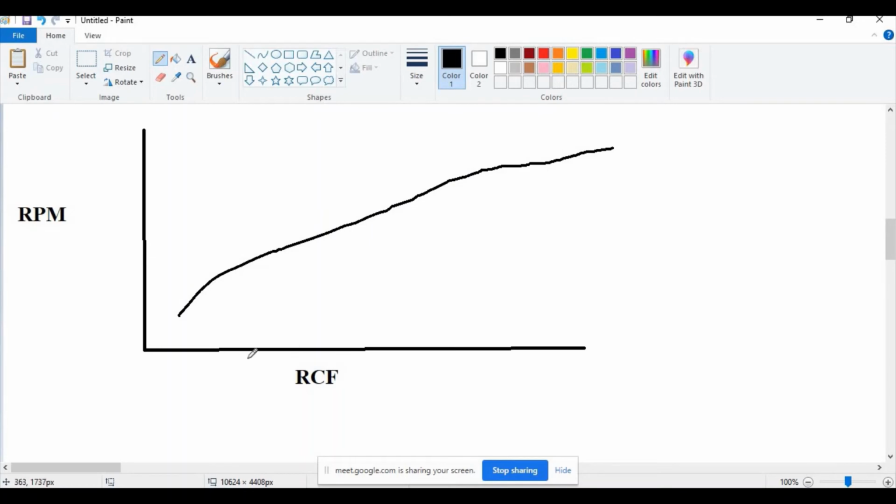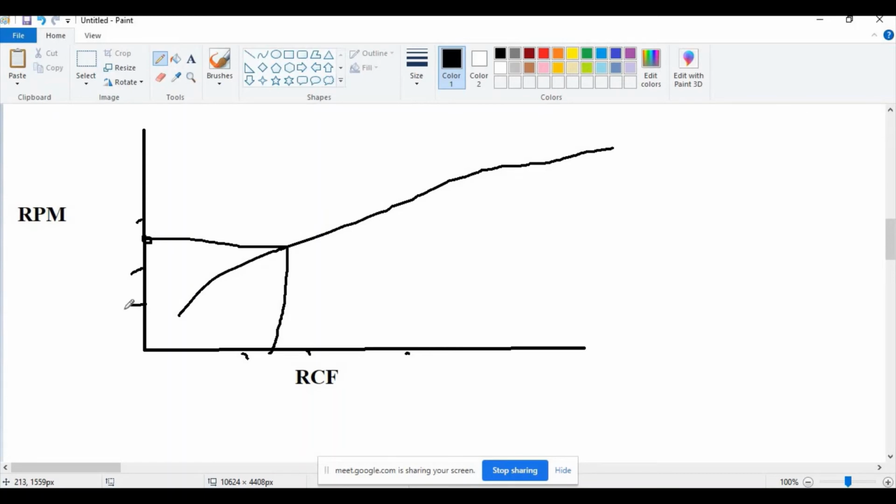So something like 1000 RCF, 2000 RCF, 3000 RCF, and likewise 1000, 2000 RPM on the other axis. Based on that, find out how much RCF you require, and then this much will be the RPM. That will be the better option.